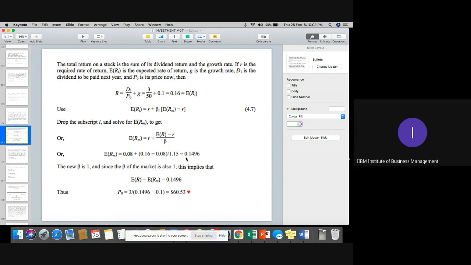Go for this calculation now, please. Yes, everyone got the answer. 14.96%.